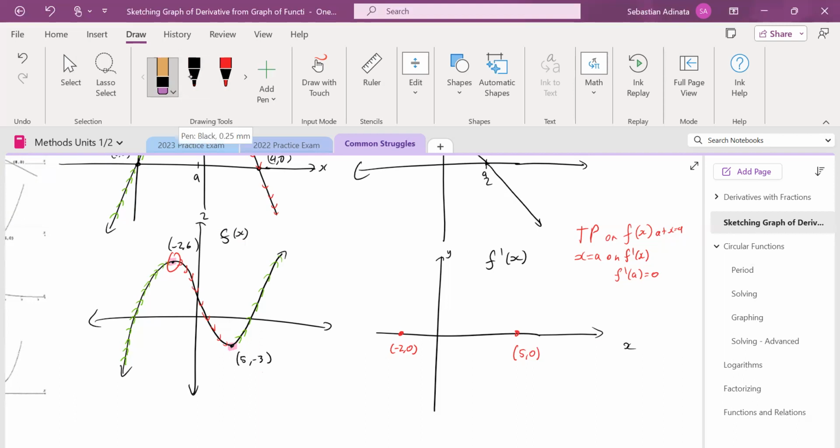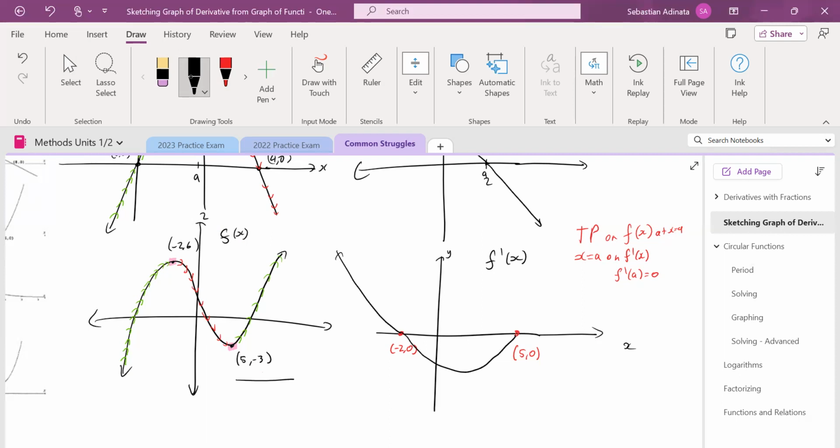So now we notice from -infinity, from left to right, our graph is increasing. So if your graph is increasing, that means the derivative is positive, meaning it's up above the x-axis. So it looks like this. Now, from -2 to 5, we know that the graph is decreasing, meaning it's negative.